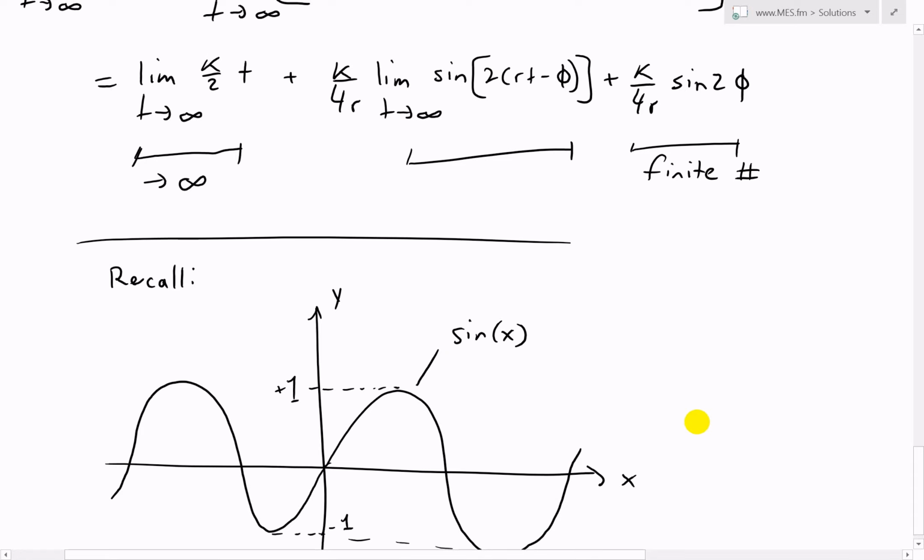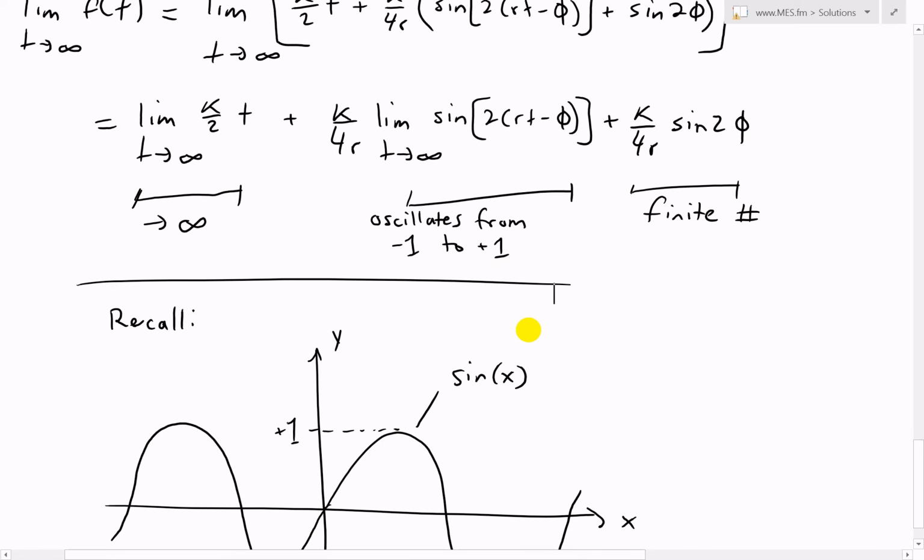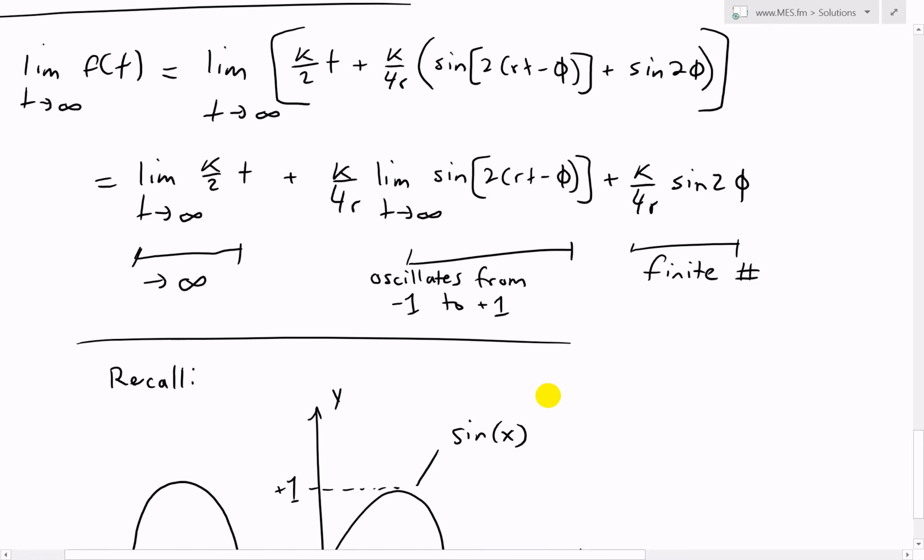So what we could write here is that this part in here, the limit, oscillates from negative 1 to positive 1. So what this means is, well, even though it's not a limit that exists, because as you're approaching infinity it's just going from negative 1 to 1, it's not going to affect infinity here.